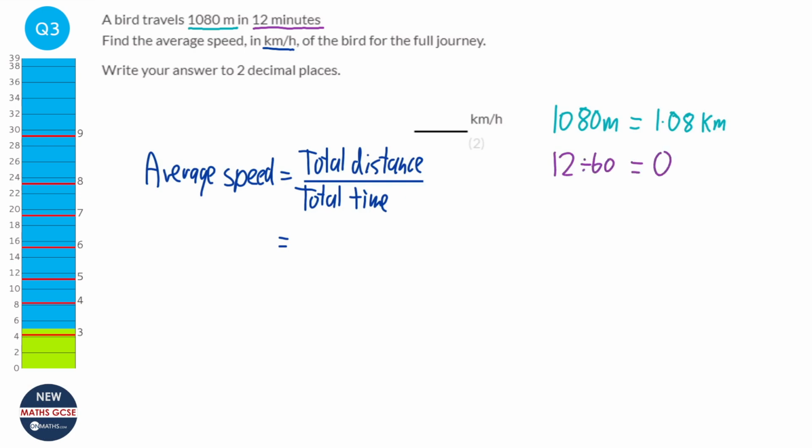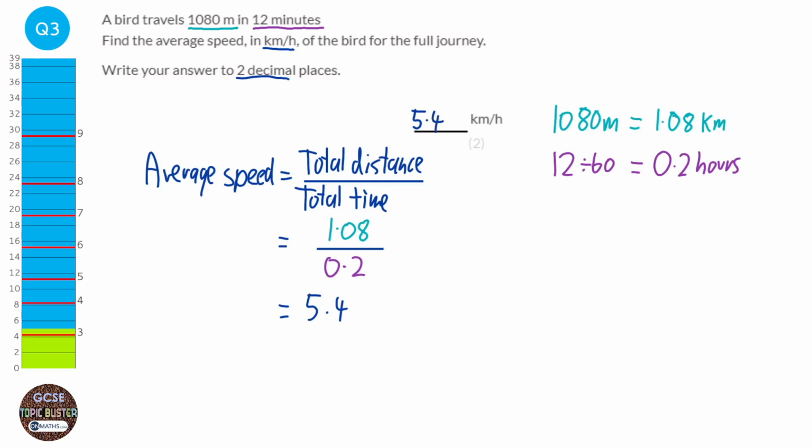And so when you divide that by 60, you get 0.2 hours. So we're going to put the kilometers at the top, 1.08, and we're going to divide that by the hours, which is 0.2. When you do that, you get 5.4. So our answer to 2 decimal places will be 5.40.